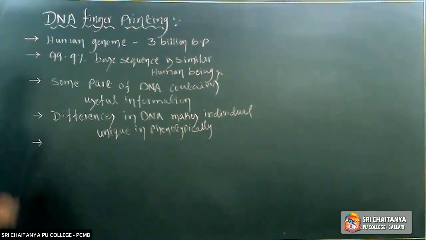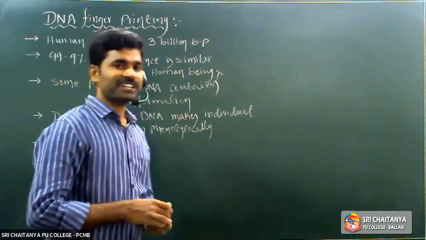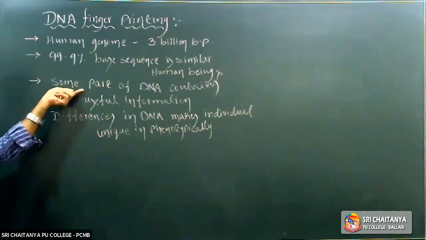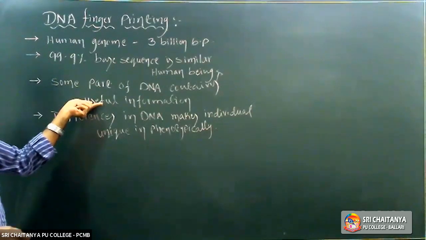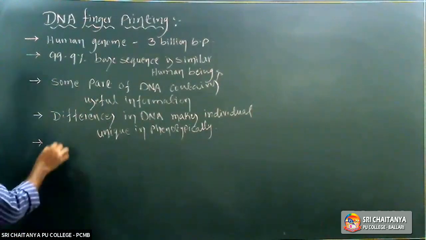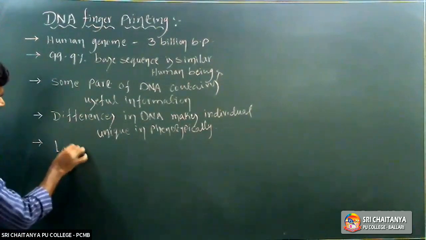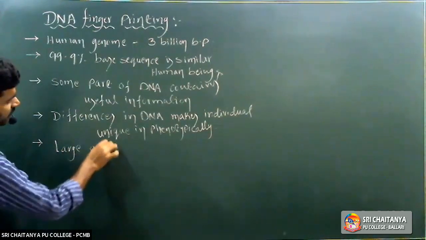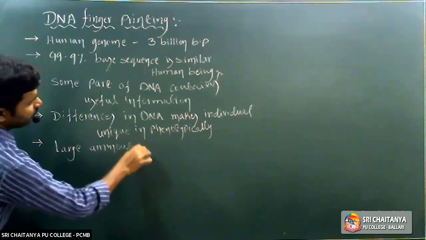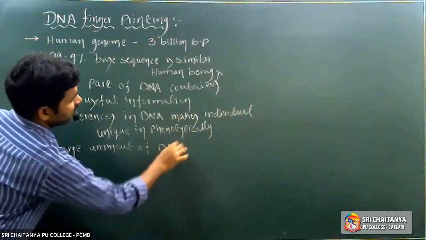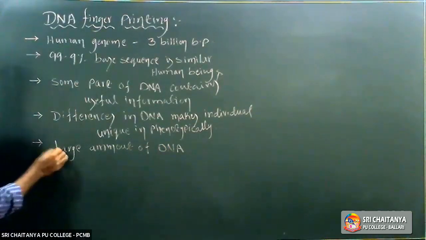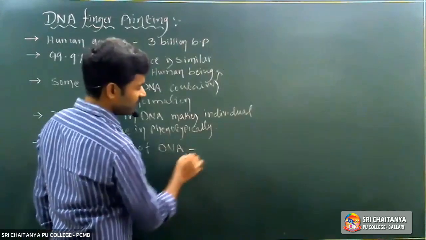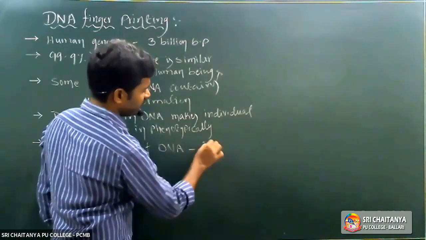A large amount of DNA is junk DNA, and only a small part of DNA contains useful information. That large amount of DNA is called junk DNA.